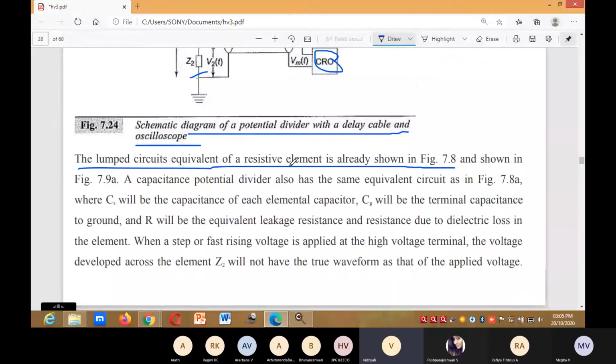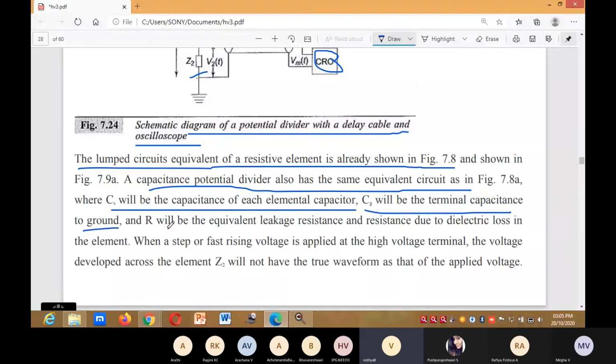A capacitance potential divider also has the same equivalent circuit, where Cs is the capacitance of each elemental capacitor, Cg is the terminal capacitance to ground, and R is the equivalent leakage resistance and resistance due to dielectric loss in the element.